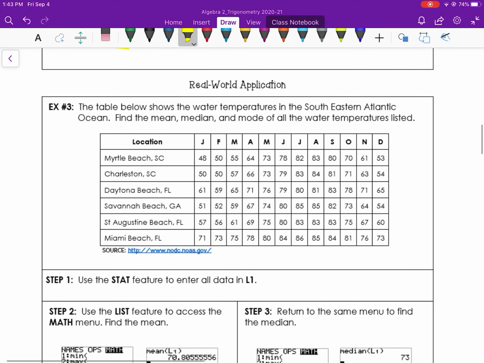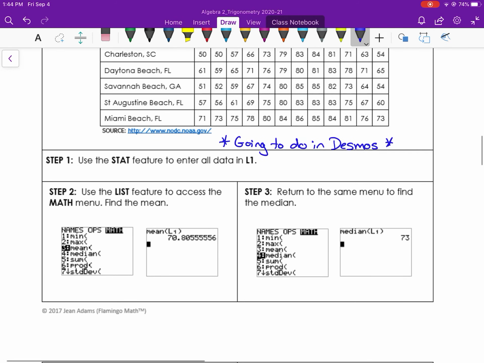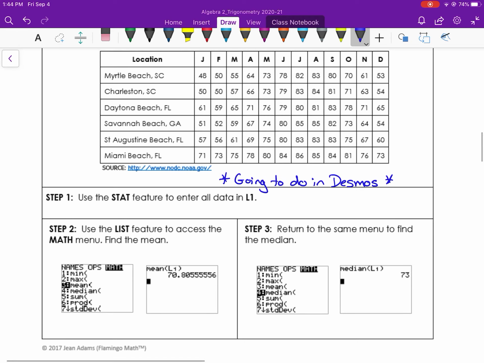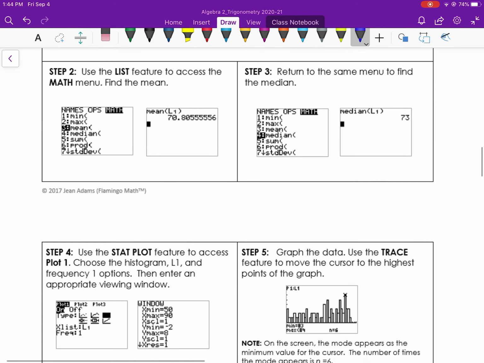All right, so example 3, I will show you in Desmos. All right, make a note down here. All right, and that video will follow in the part 2 part. All right, just because this shows you the graphing calculator, if you have a TI-84, you can follow these steps and then plug it all in.